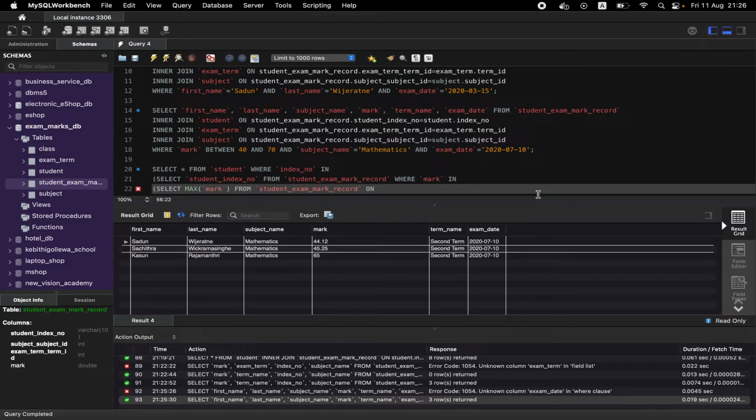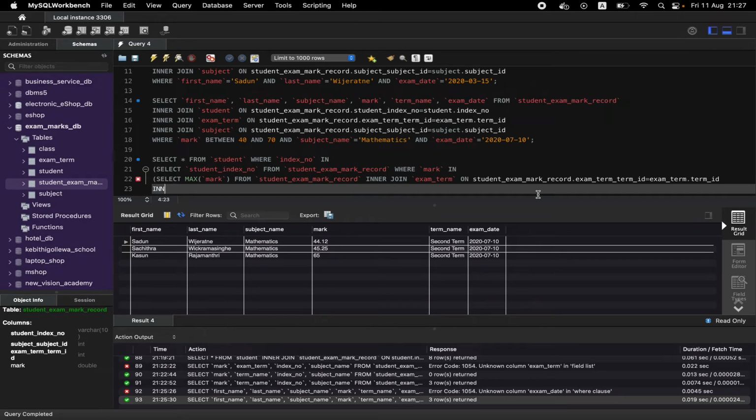inner join with exam term on student exam mark record dot exam term id equals exam term dot term id, and to get the subject, inner join.